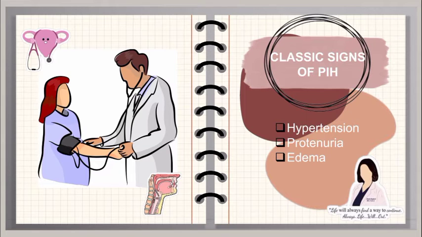The next is proteinuria, the presence of protein in urine, and then lastly is the edema, an extra fluid in the body. It is caused by the pressure from the growing uterus that can cause swelling in the ankles and the feet.